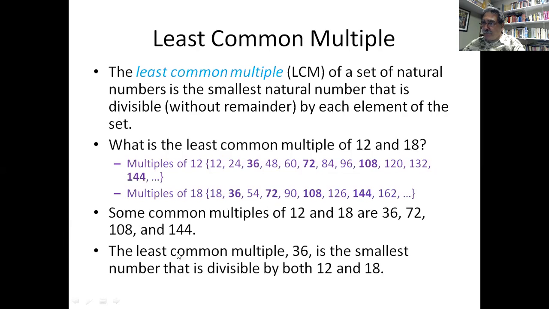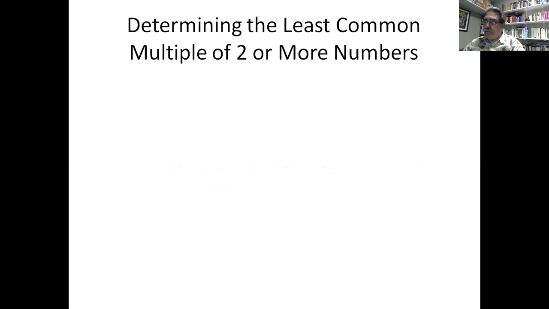The least common multiple is 36, the smallest number that is divisible by both 12 and 18. You can divide 36 by 12 and 36 by 18. 36 divided by 12 is 3, 36 divided by 18 is 2, and the remainder is 0.